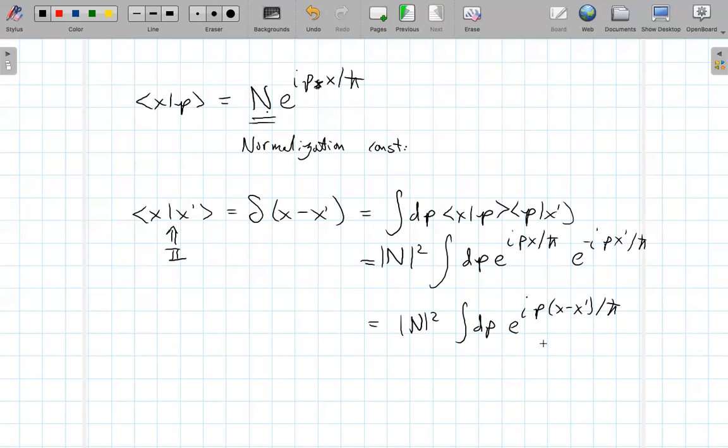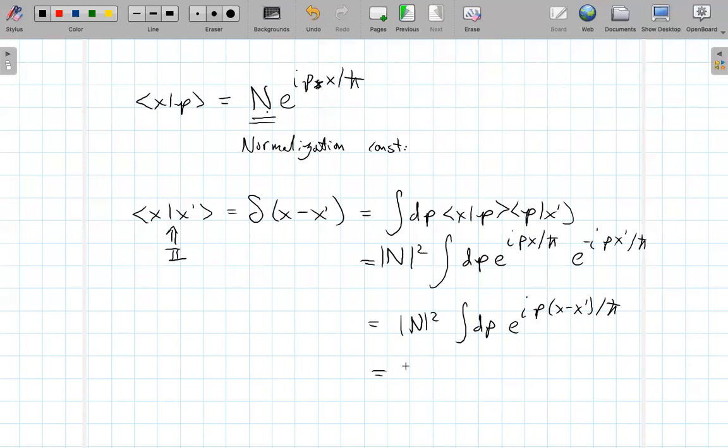If I integrate the right-hand side, we've seen this before, this thing actually acts like a Dirac delta function. So what's going to happen is that this thing acts as a delta function, has the greatest contribution when x minus x prime basically goes to 0. Right?